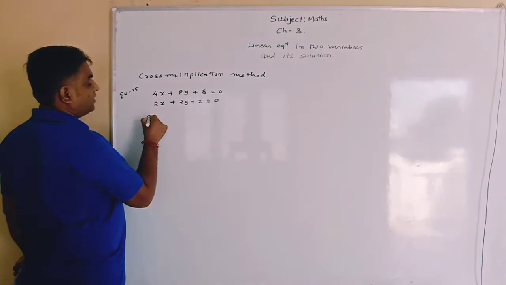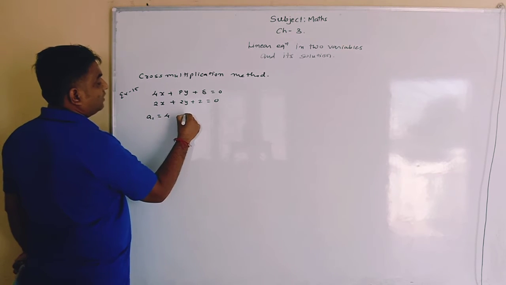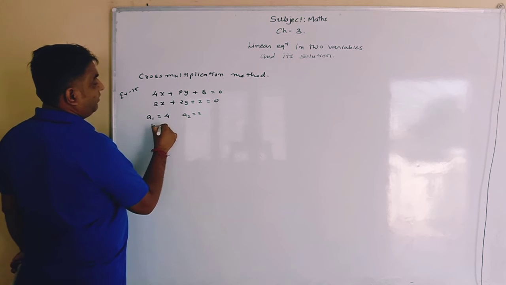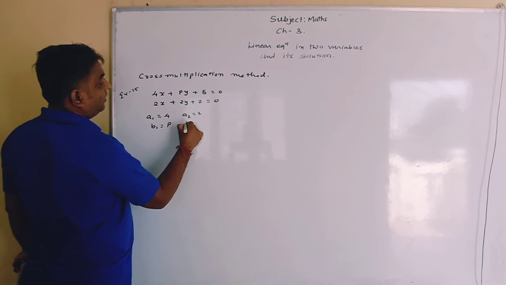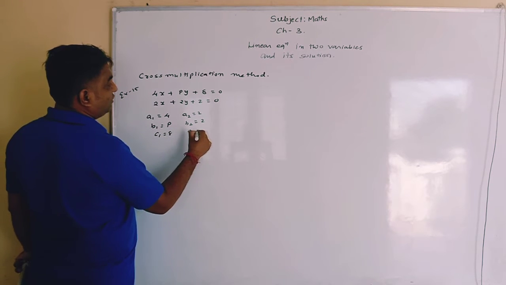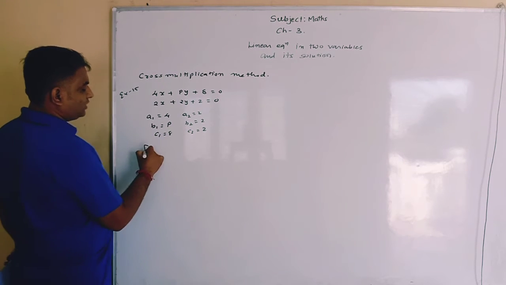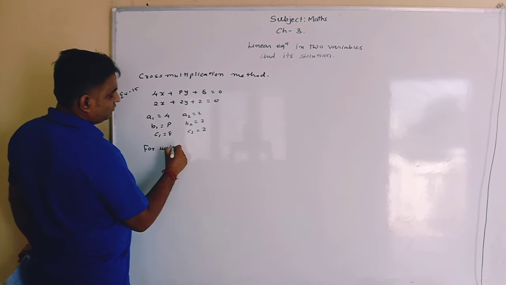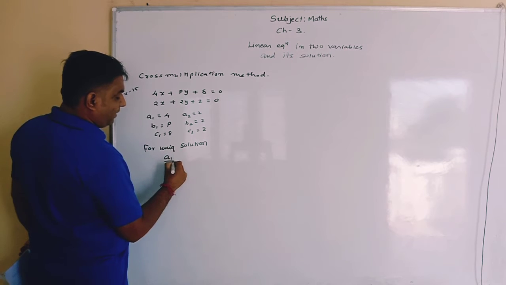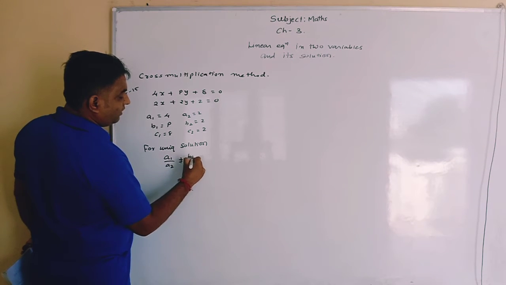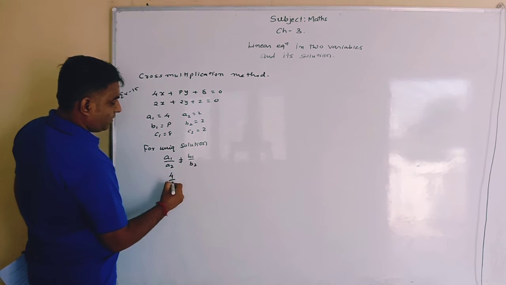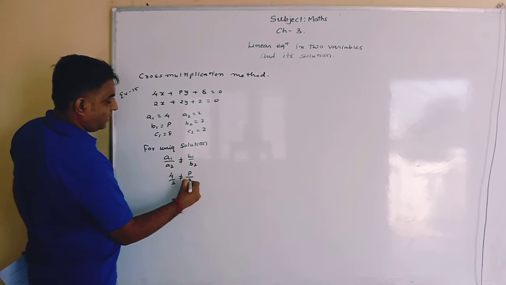So we write the coefficients: a1 is 4, a2 is 2, b1 is p, b2 is 2, and c1 is a, c2 is 2. Now for unique solution we know a1 by a2 is not equal to b1 by b2, and so we can write 4 by 2 is not equal to p by 2.